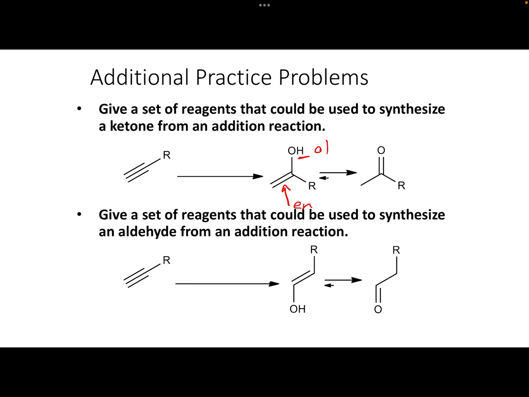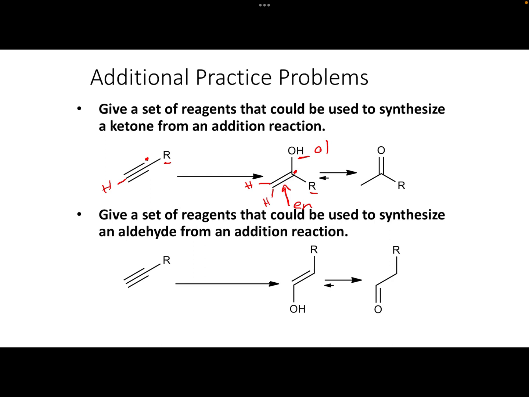If we look at our double bond, here's the R group, here's the R group, so that means this carbon is this carbon. And here's a hydrogen. So here's where we now have two hydrogens on that alkene. This is following Markovnikov's addition.